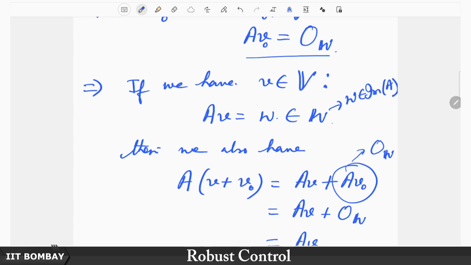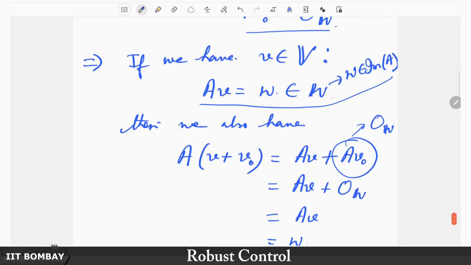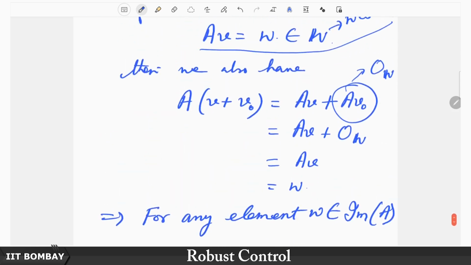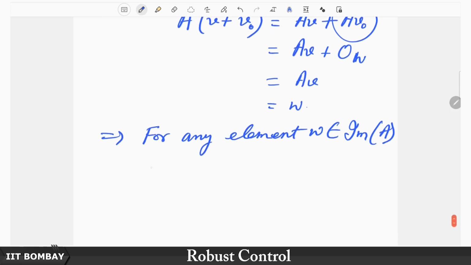Because W belongs to the image of A, I can guarantee that there does exist some V such that this V gets mapped to W. So that means now, what we conclude as a consequence is that for any element W that you pick in the image of A, there exist more than one elements.